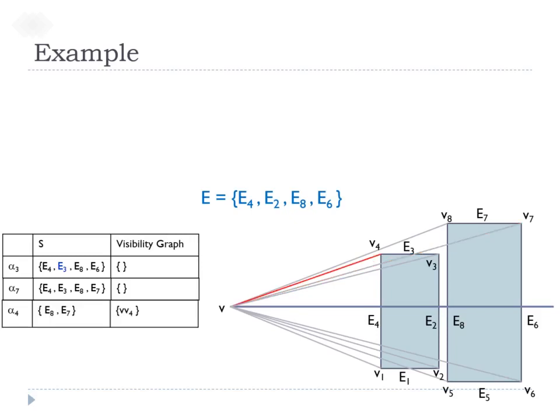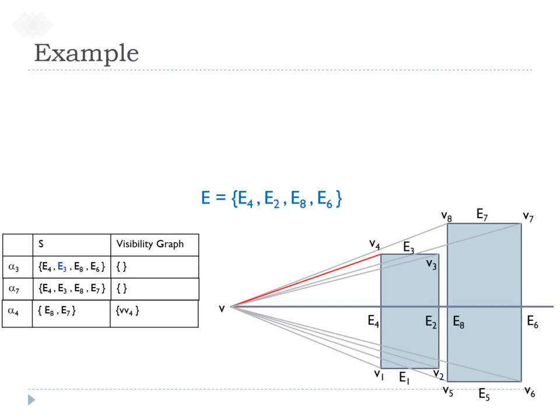Next we come to V4. You can see that V4 is visible from V, and therefore VV4 will be added in the visibility graph, and hence our visibility graph starts to grow. You can also see that V4 is the endpoint vertex for E3 and E4 edges, and therefore from the active edge list, both these edges E3 and E4 have been removed.